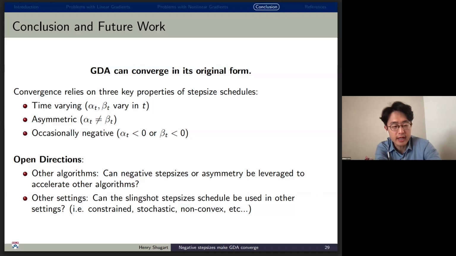Has your advisor, for example, thought about using negative steps in just the convex minimization setting, like in his work on the silver step sizes, that kind of stuff? Was that a search over all positive and negative steps, or do you know if there's any benefit in doing negative steps in that setting?